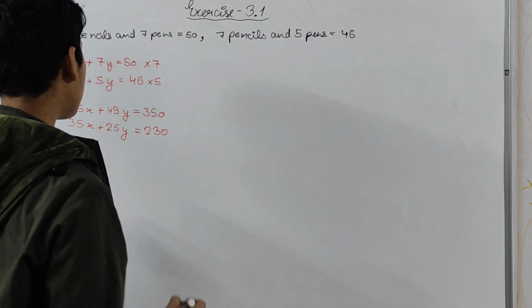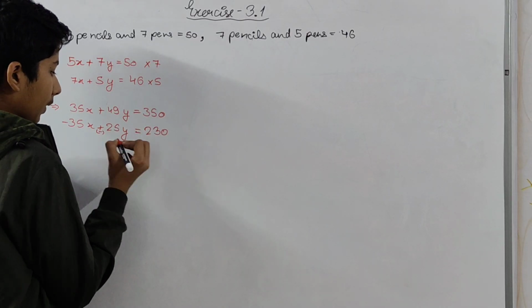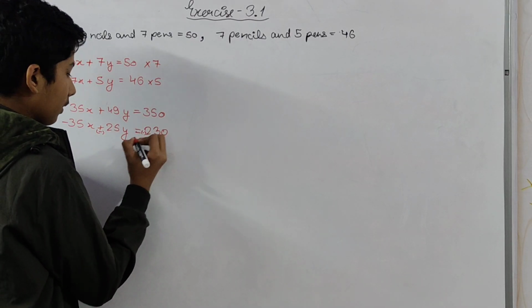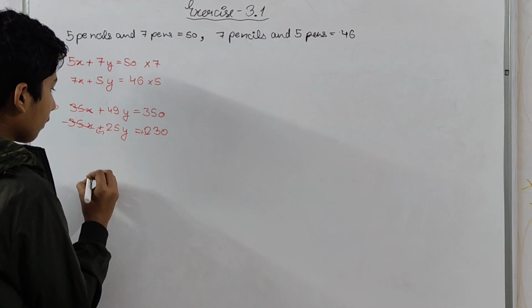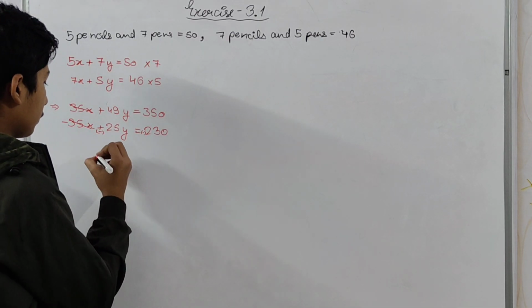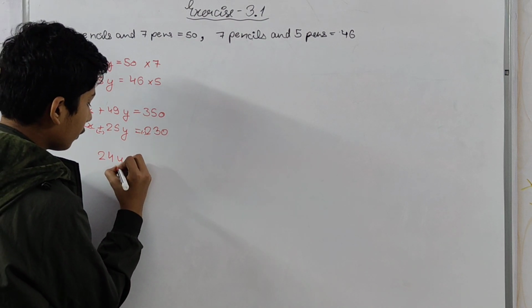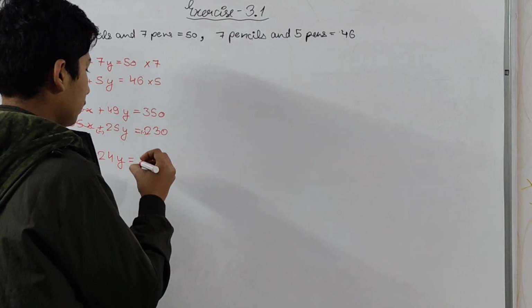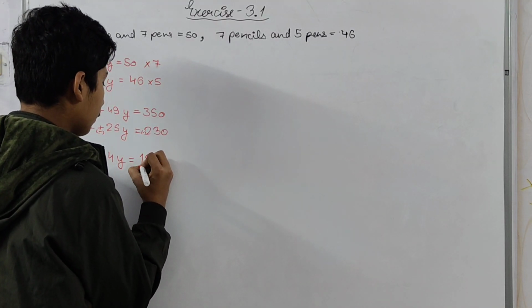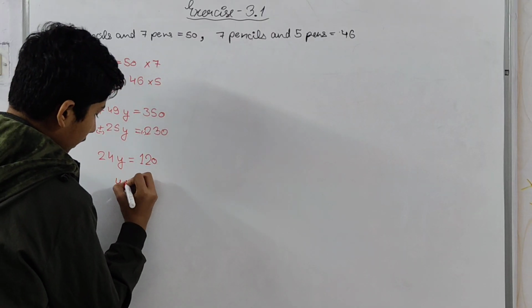Okay, now what we do, we subtract these, so this will become minus and this will become minus. This 35x gets cancelled. 49 minus 25 is 24, so 24y equals 350 minus 230, means 120. So y equals 5.